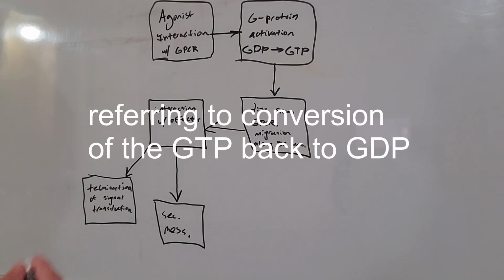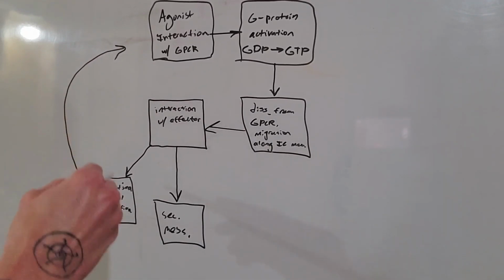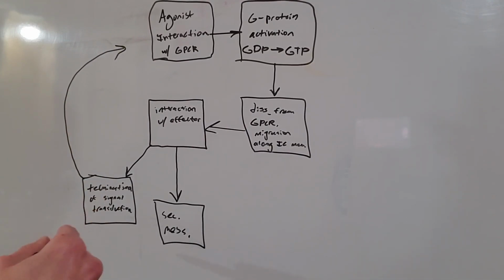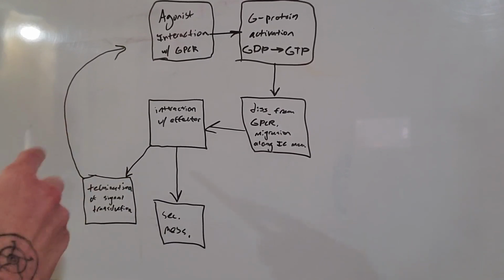So that's termination, and then the cycle will reinitialize, where after the alpha and the beta gamma subunits reassociate and then reassociate with the GPCR, the cycle can keep continuing.